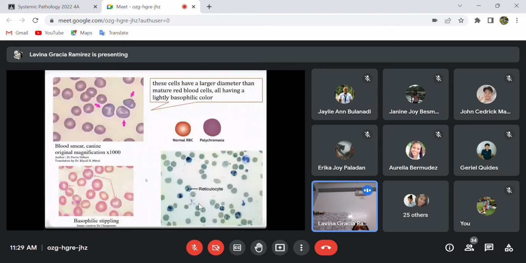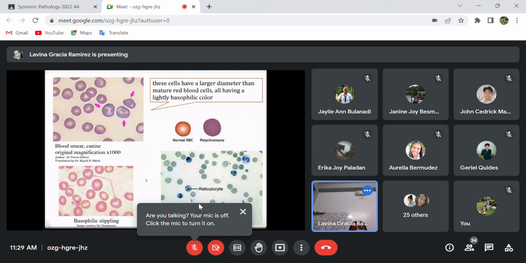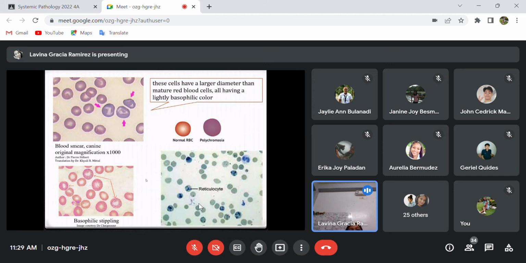So this is a picture of a reactive bone marrow, our blood smear. You will notice some cells of larger diameter. You will also see reticulocytes, which need a specific stain. There are also other cells, such as polychromatophilic cells, and chromatin granules within the cells, which is called basophilic stippling, and of course your reticulocytes.